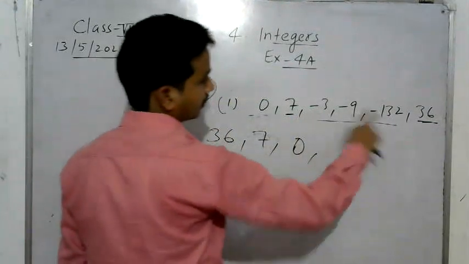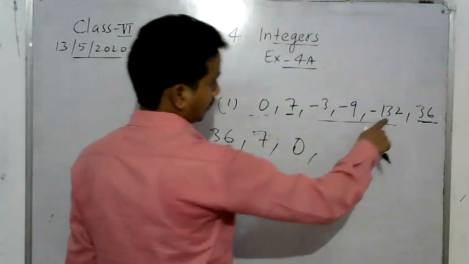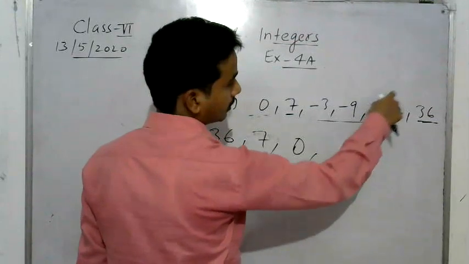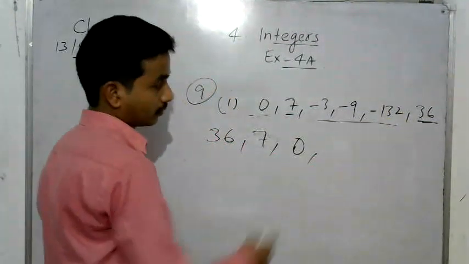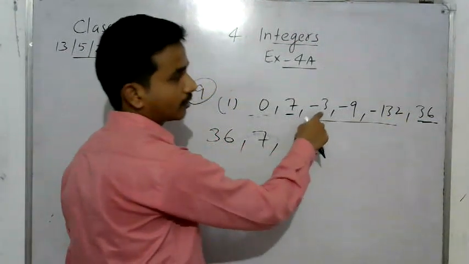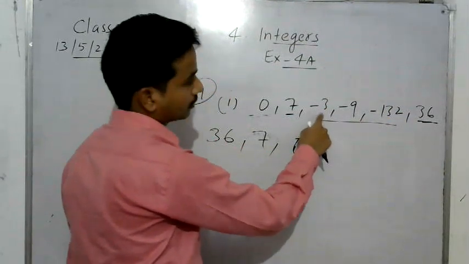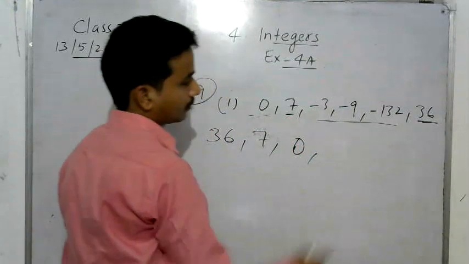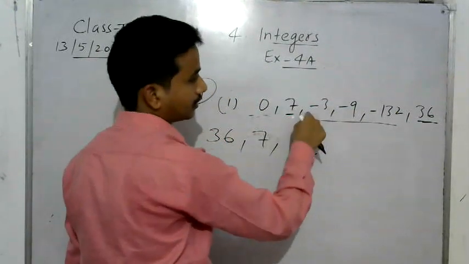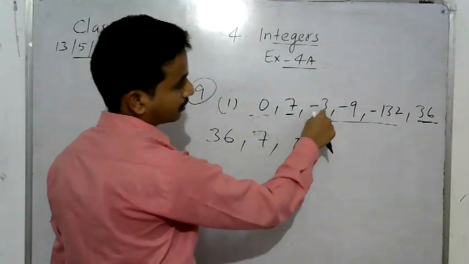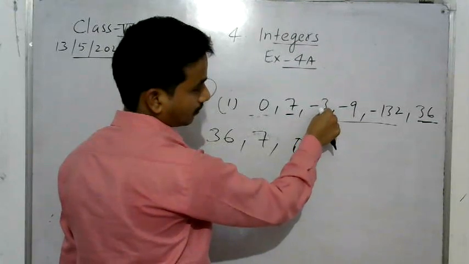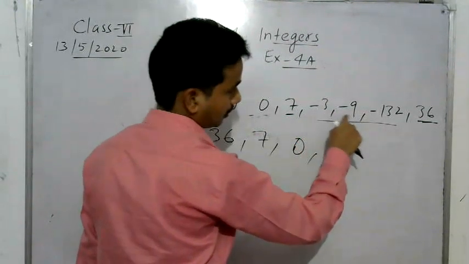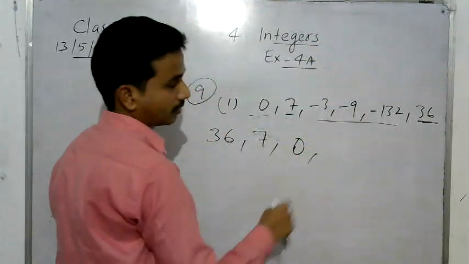Out of these 3 negative integers, the integer whose value is smaller will be greater. So out of -3, -9 and -132, which one is greater? -3 is greater. Why? Because the value 3 is smaller in comparison to all these integers.